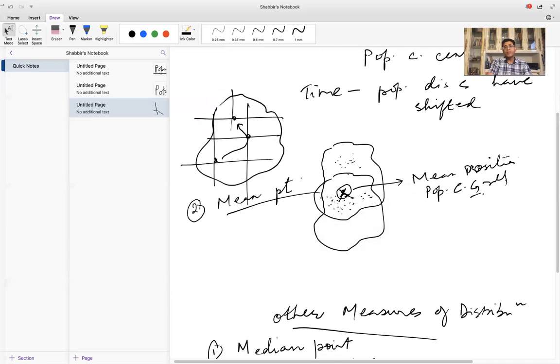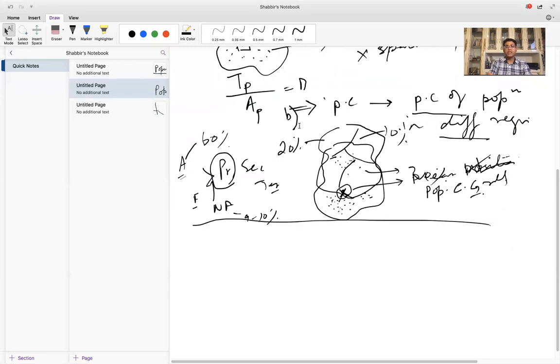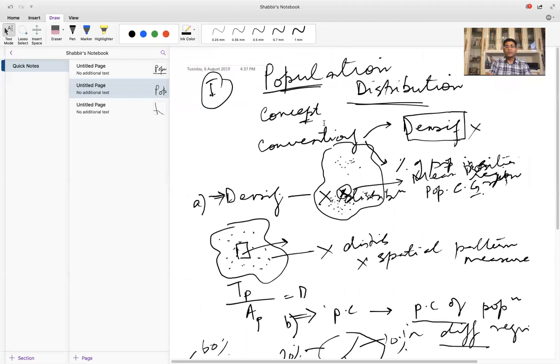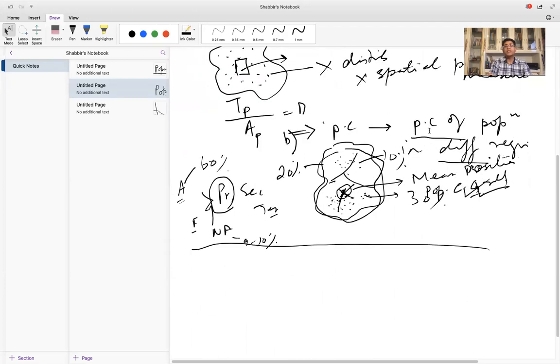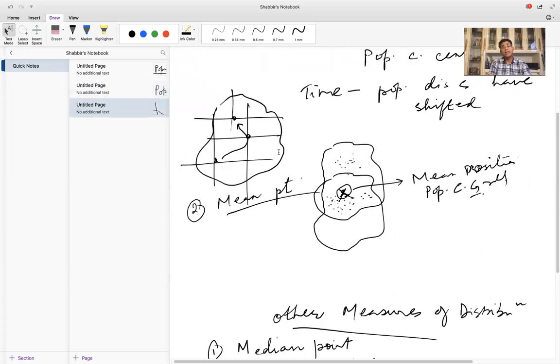So I repeat that if you're looking at distribution, there are two things. One is the distribution studied in terms of density, the conventional measure. And we also have been studying the distribution in terms of the percentage in an area. Apart from these two, I have mentioned two more measures.